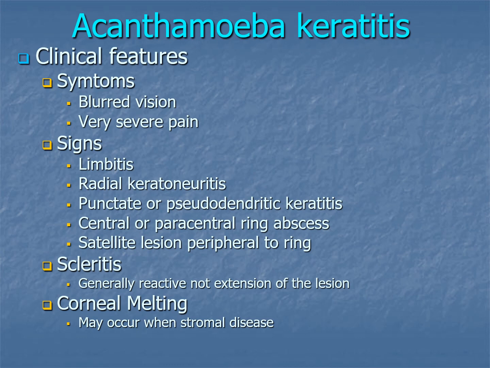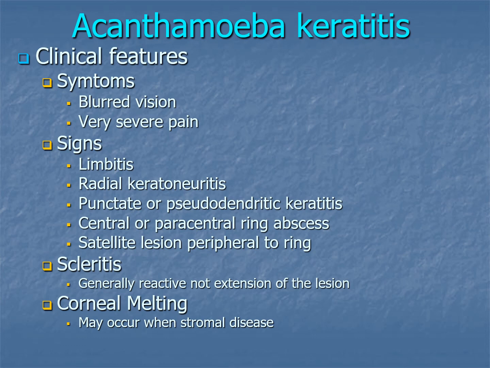As far as signs are concerned, you may find limbitis, and radial keratoneuritis may be there, as Acanthamoeba keratitis involves the nerve endings in the cornea. Punctate or pseudodendritic keratitis may be present.